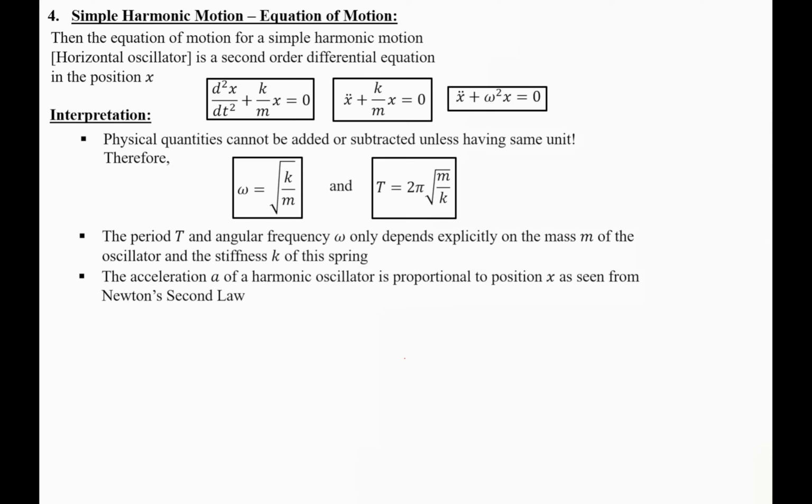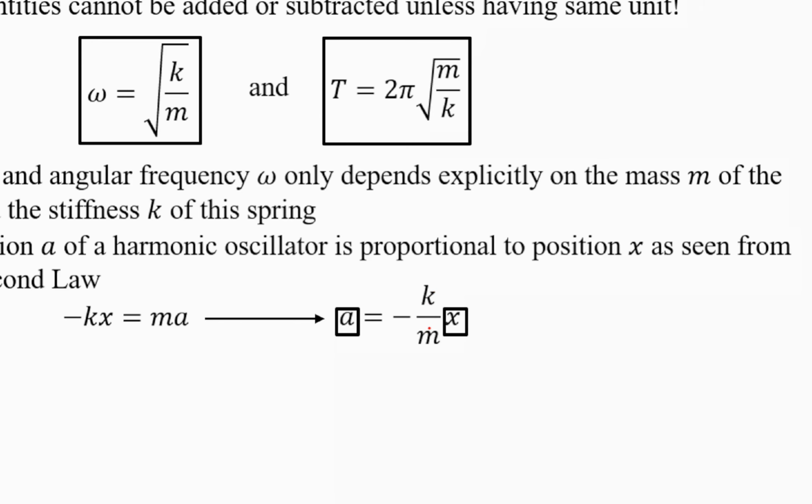Remember that at the beginning we stated that for a simple harmonic motion, the acceleration should be proportional to the position, and there should be a restoring force. The acceleration a of a harmonic oscillator is proportional to position x, as seen from Newton's second law, because from this equation we can write acceleration as minus k over m x, which means the acceleration is proportional to the position.